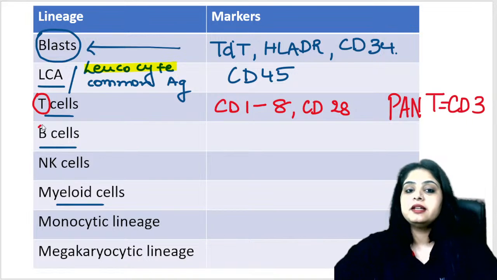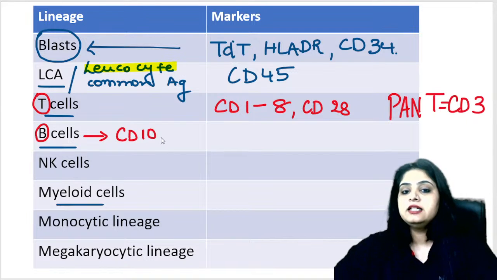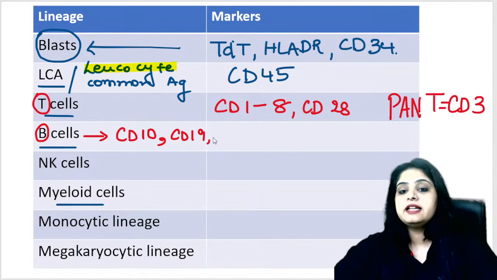Now coming to B cell. What do we do in B cell? Double. That is how you will learn it. Double means first you start from CD10, then double of 10 is 20, double of 20 is 40, double of 40 is 80. That is how you will go. So 10, then double of 10 is 20. In the 20s you will have all the CD19, 20, 21, 22, 23. All of these are going to be there.